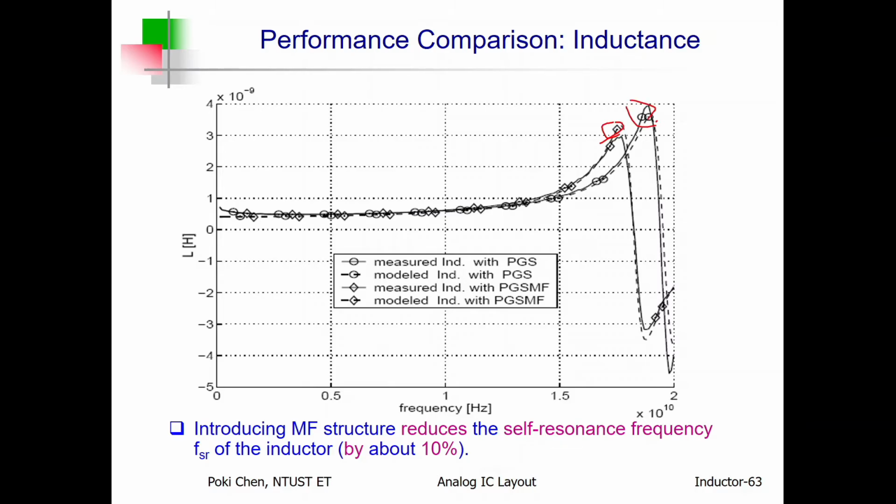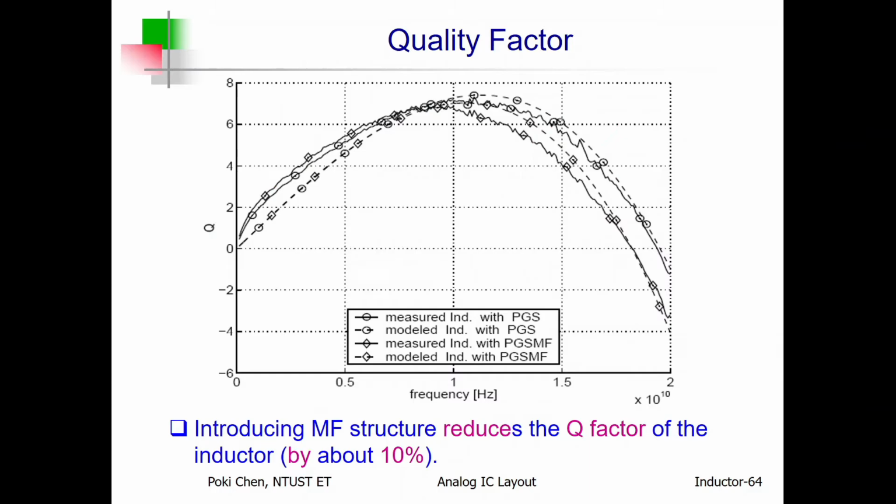You can see the inductance is reduced a little bit by 10%, and also the self-resonance frequency is reduced from here to there, also 10%. Or maybe sorry, the inductance is reduced more, but the resonance frequency is reduced by 10%. Okay, and how about the quality factor? Again, reduced by about 10%.